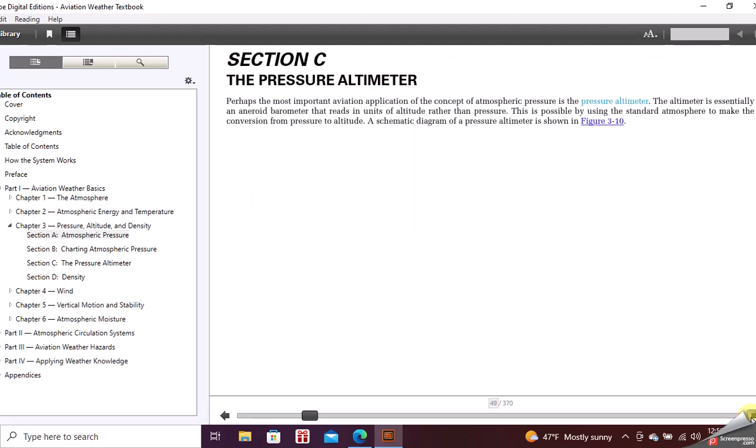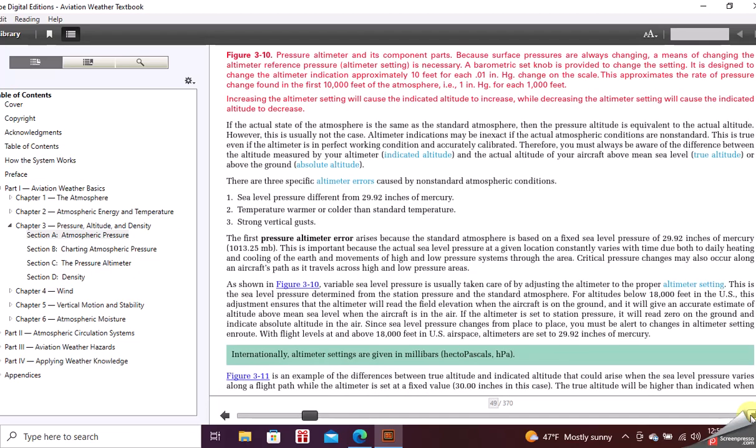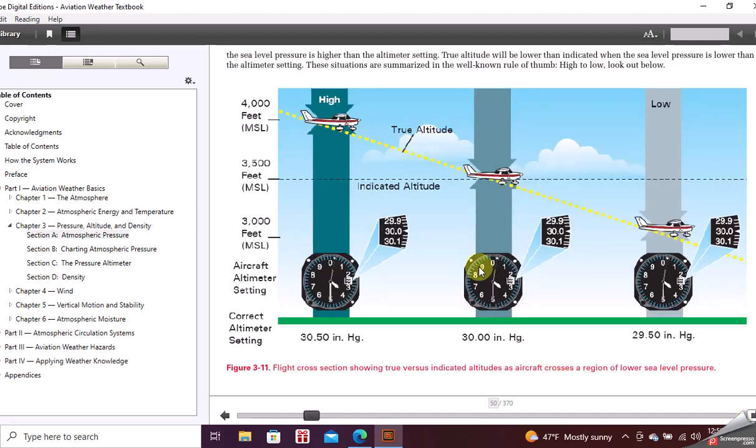So here's the pressure altimeter. You all are probably very used to these in airplanes, and you can set them. If you know the altimeter setting at the airport where you are and adjust it for that, there are some things that can throw it off. Maybe you took off somewhere with one altimeter setting and it needs to be changed in another place.